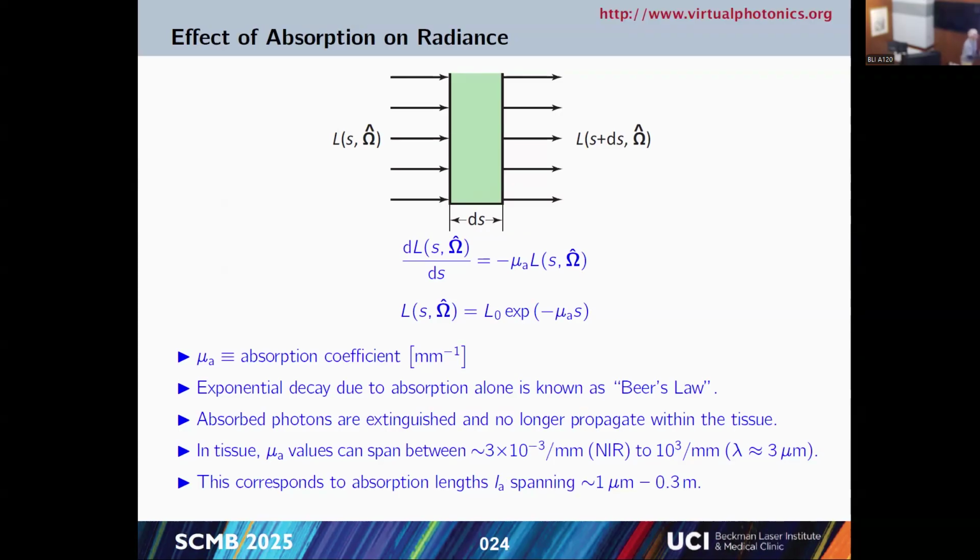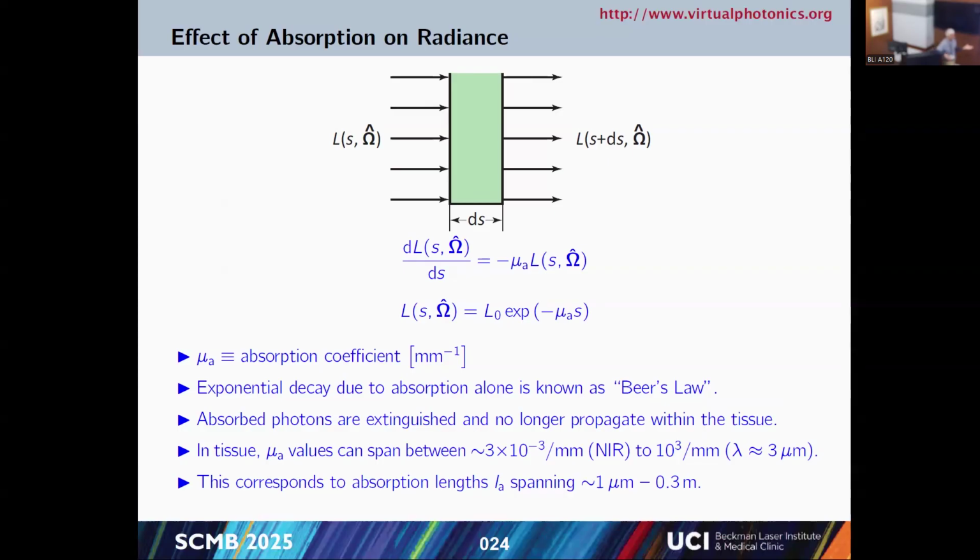And so this tells you that upon propagating a given distance s, the light is going to decay exponentially according to the amount of absorption you have in that material. And in our field, mu a is called the absorption coefficient. It has units of inverse length. And the key thing here is that once the light is absorbed, it's extinguished and it no longer propagates in the tissue, at least not at that wavelength.